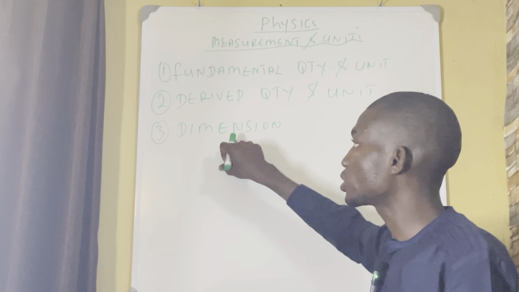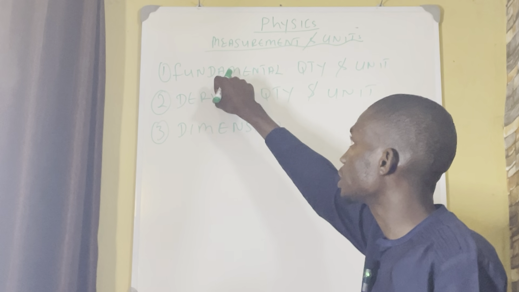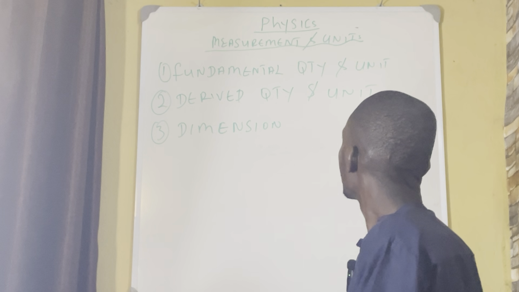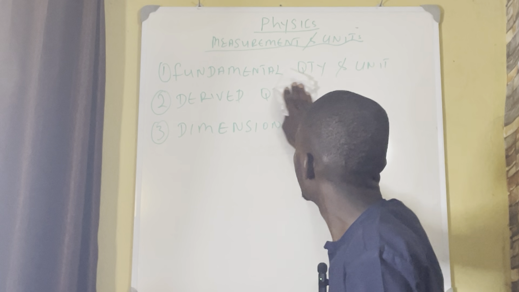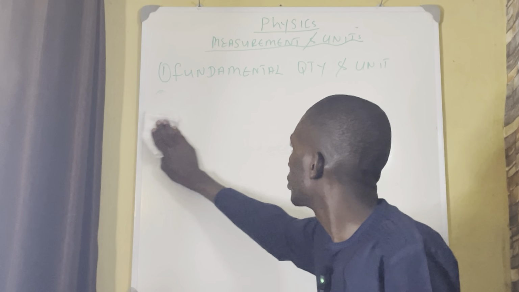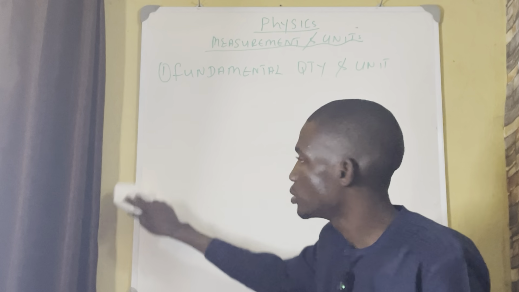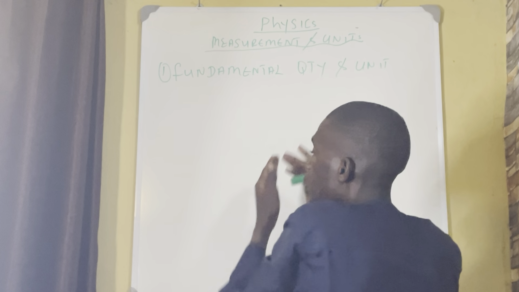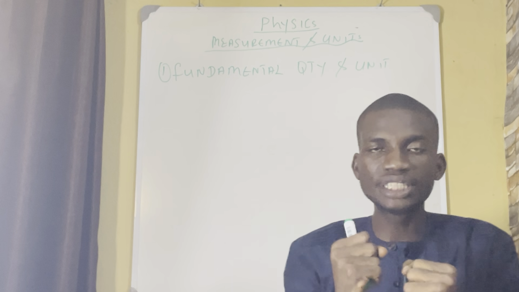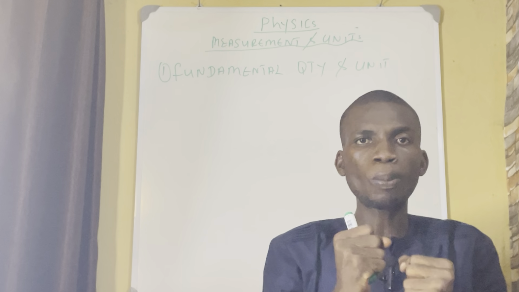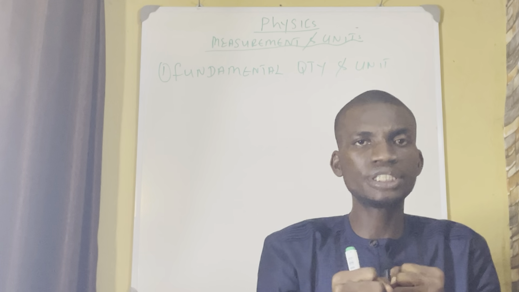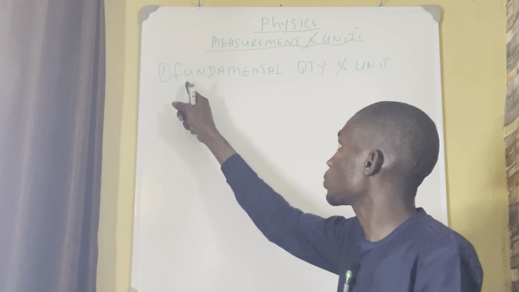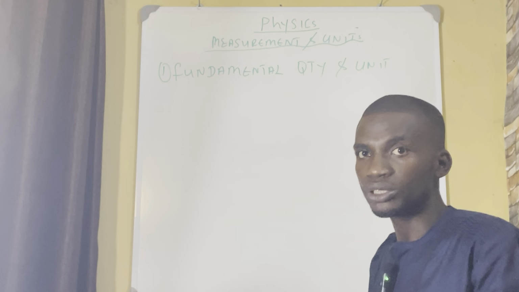All the dimensions are gotten from fundamental quantity. So when we talk about fundamental quantity, we are talking about the basic quantities upon which other quantities depend. You understand? So that's what we mean by fundamental quantity.